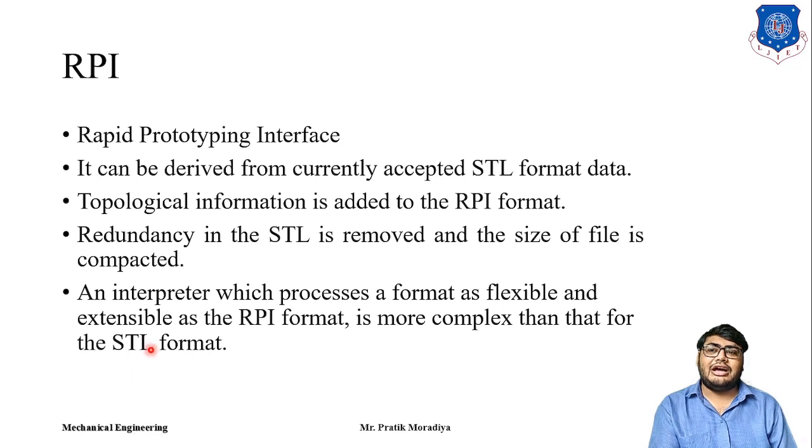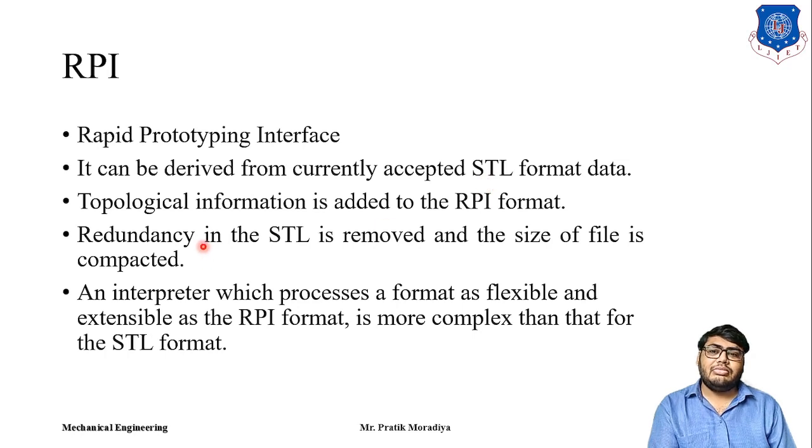Now this RPI, that is Rapid Prototyping Interface, is an extension of the STL file format. So RPI can be derived from the STL file format data. Now what is RPI? RPI contains topological information also, instead of just triangles.